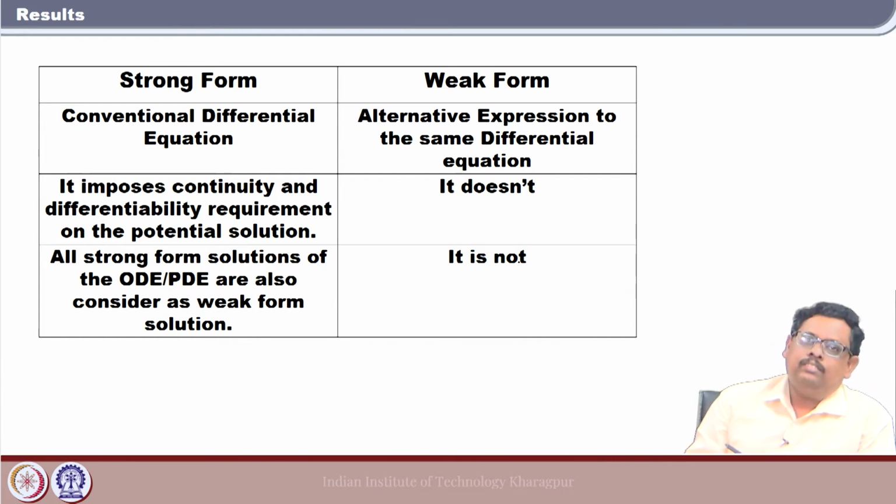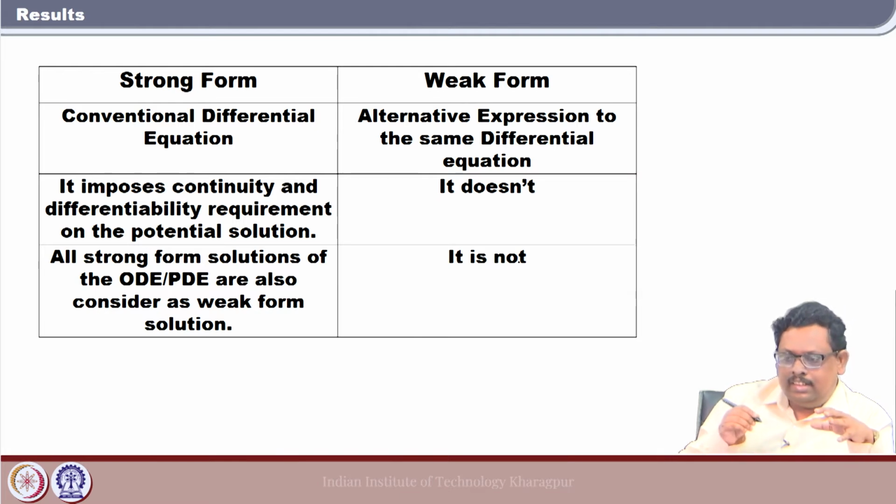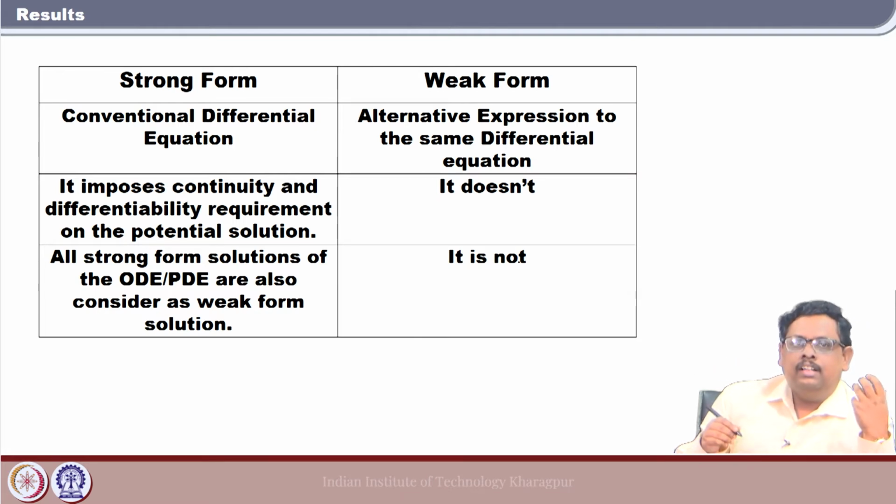In a strong form solution, you are taking the differential equation as it is, not making any changes to it, and the solution of this problem entirely satisfies the requirements, the differentiability requirement or continuity requirement, everything.